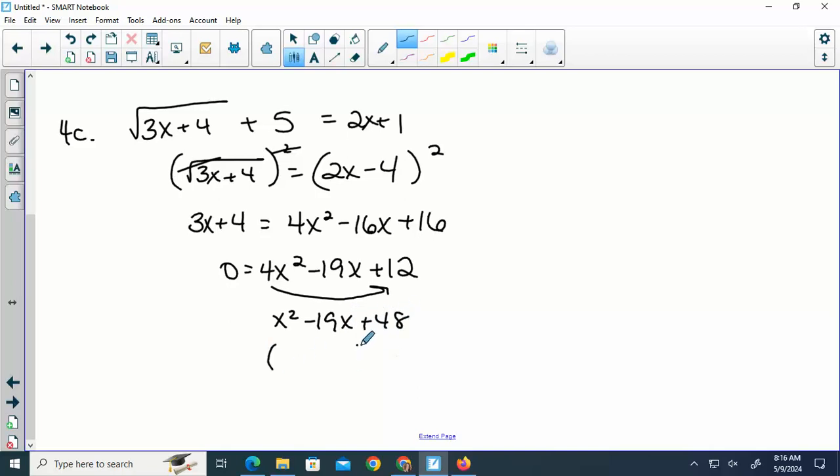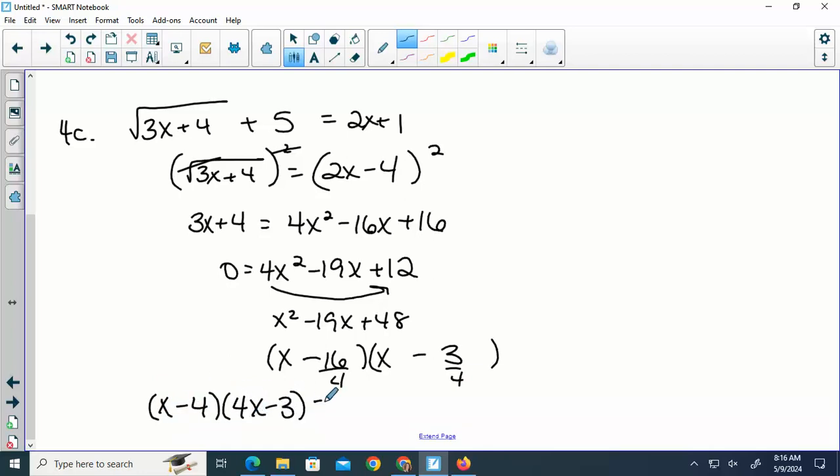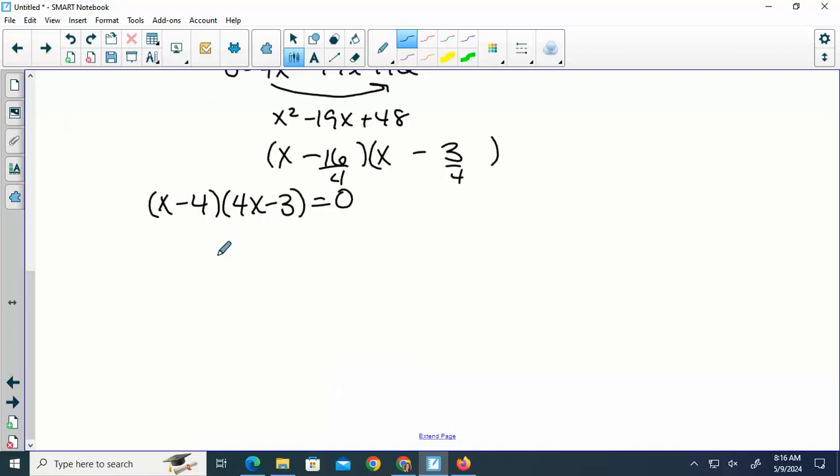Okay, what multiplies to 48 and adds to -19? Okay, divide by 4. So we get x minus 4, 4x minus 3 equals 0 for our factored form. When you set those to 0, you get 4 and 3/4.